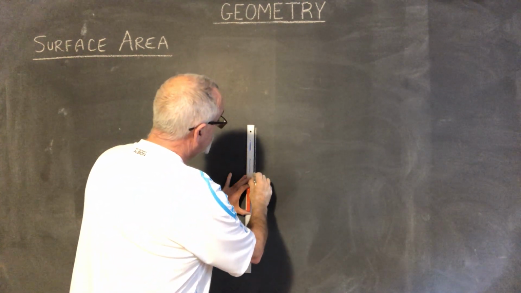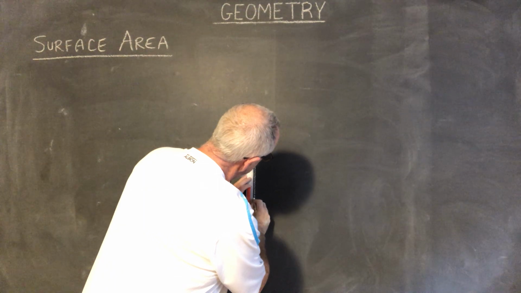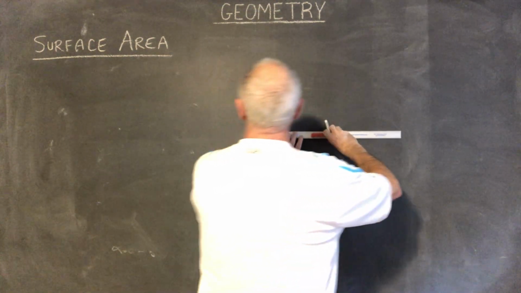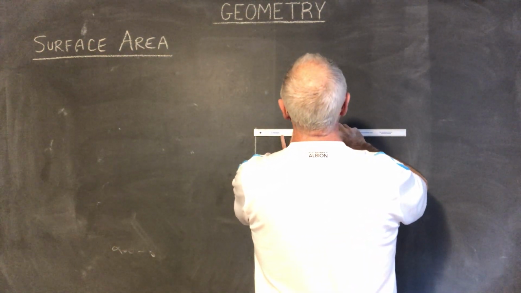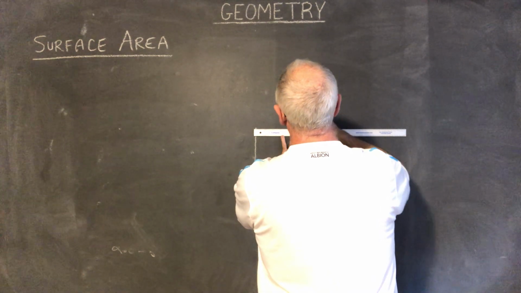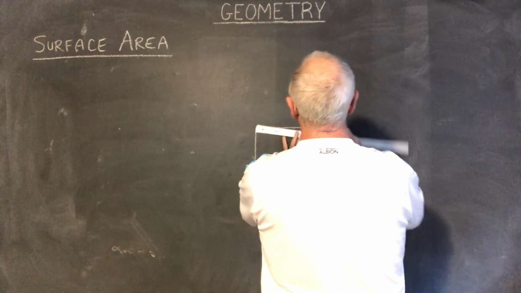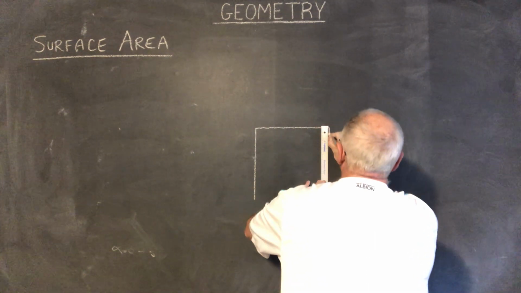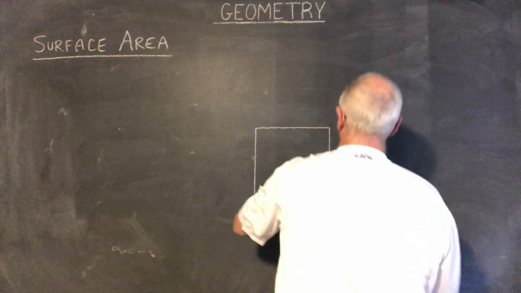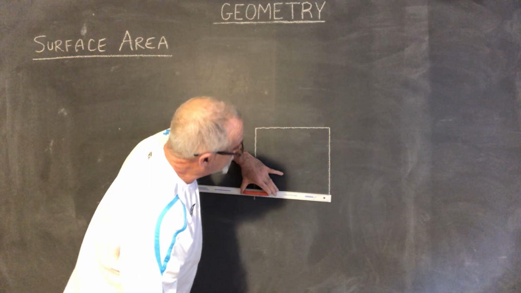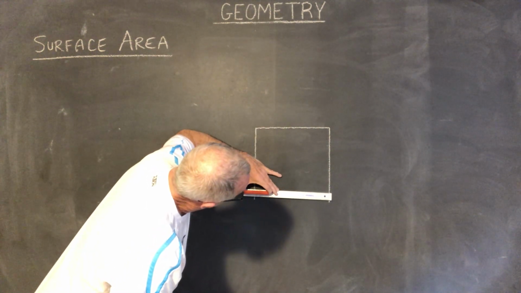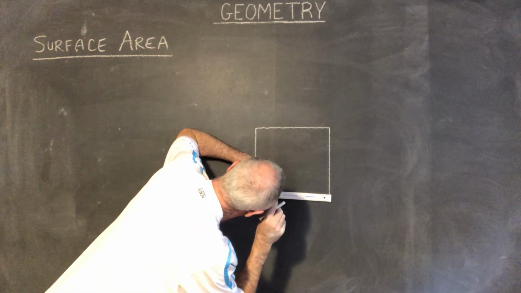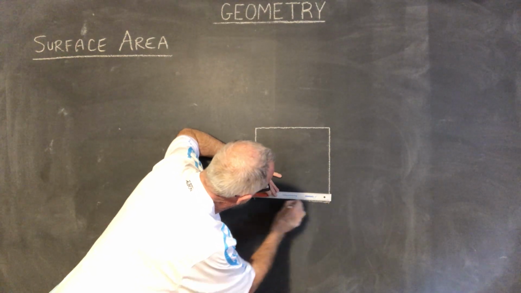So I'm drawing a 12-inch side, and then at right angle, another 12-inch side, and again I'm doing it freehand. Third 12-inch side. Where's my 12? There it is. And if these two are 12 inches apart, it means I did a good job of the freehand. And yeah, I did a pretty good job.